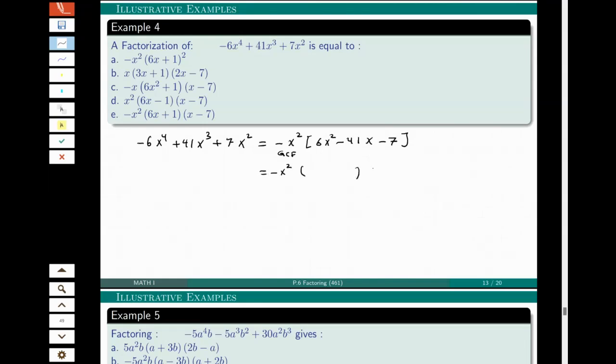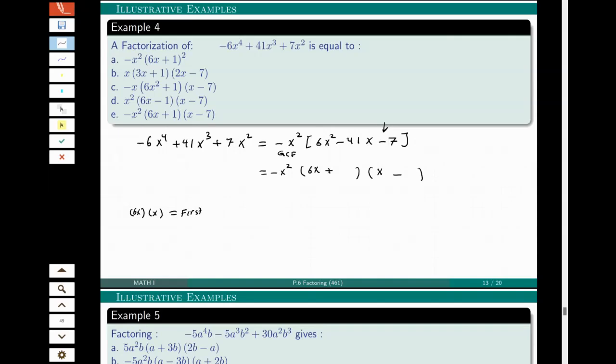We open two brackets. We said if the last is minus, so one of them will be plus, the second will be minus. So if I have 6x squared, the right choice should be 6x times x, that is the first times the first should give me the first, which is I have chosen 6x times x.